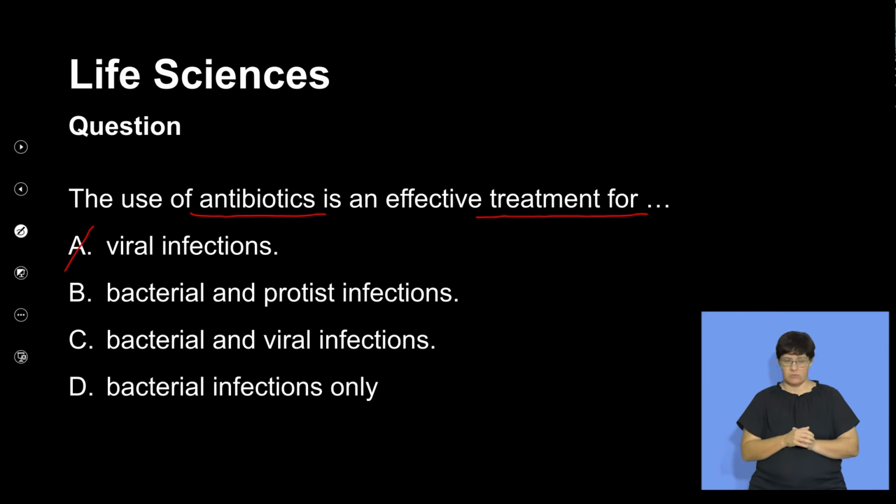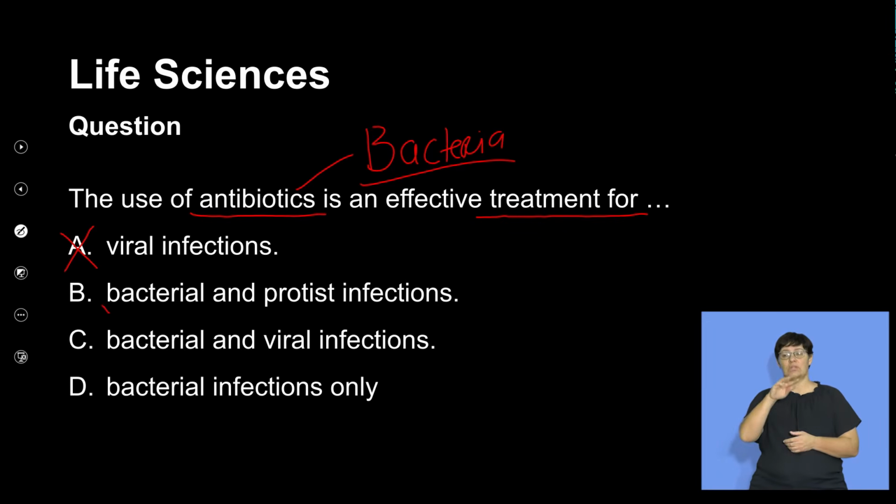And we say no, because remember, antibiotics are used for bacteria. Answer B is bacterial and protists. Although bacterial is right, it's only bacteria. The protists, that's going to be your malaria, and we're not going to use antibiotics there, we're going to use different kinds of medication.